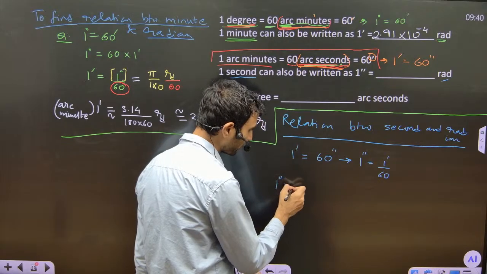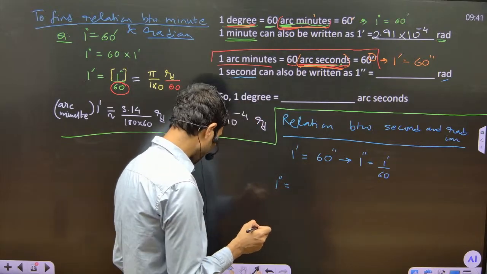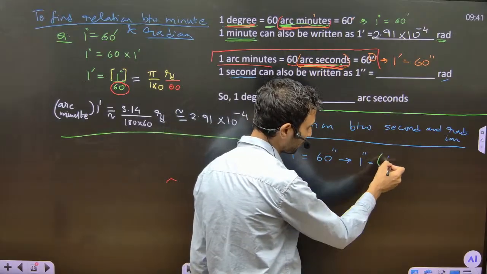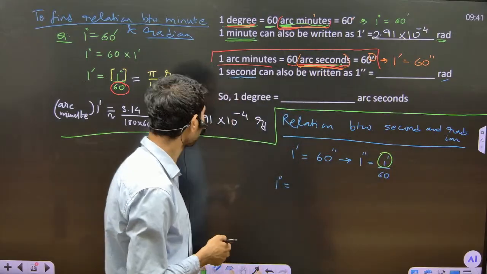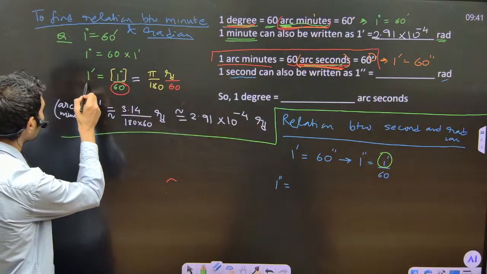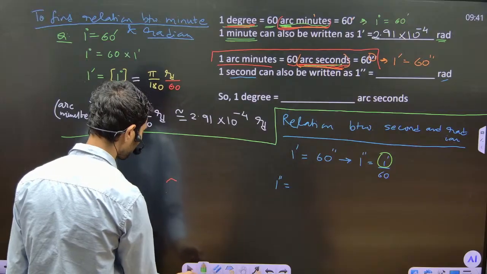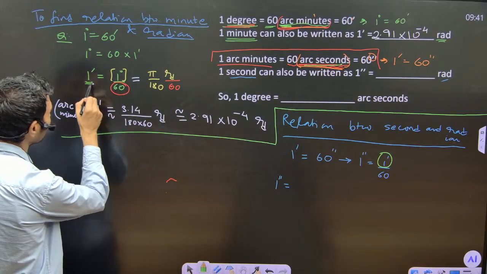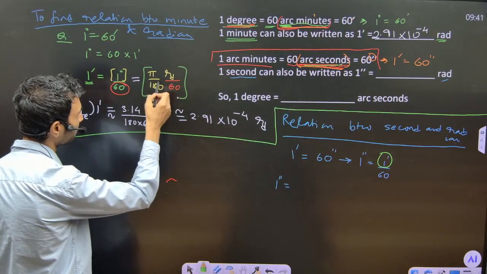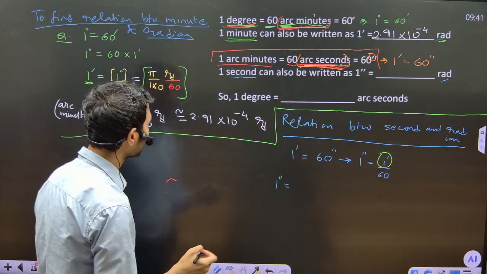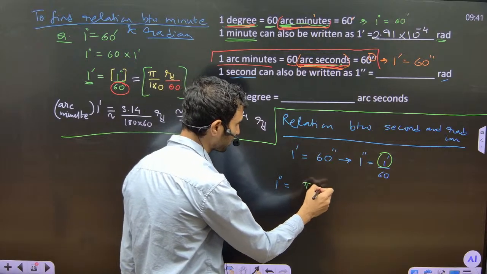Because I'm trying to play smart, as I already know the value of 1 minute. We did it in the last problem, right? And what did 1 minute come out to be? 1 minute came out to be this object, pi by 180 radians divided by 60. So we can use the same relation here.